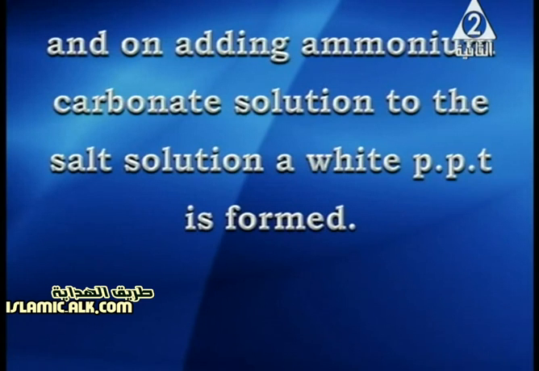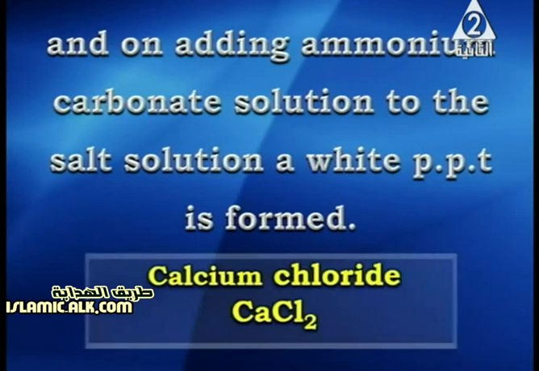Here adding ammonium carbonate solution is testing for the basic radical, which is calcium, as it gives white precipitate of calcium carbonate. But the first one is testing the acidic radical, which is the chloride radical, as the chloride gives white precipitate with silver nitrate that turns violet in sunlight.